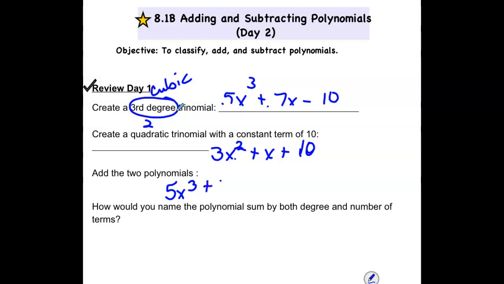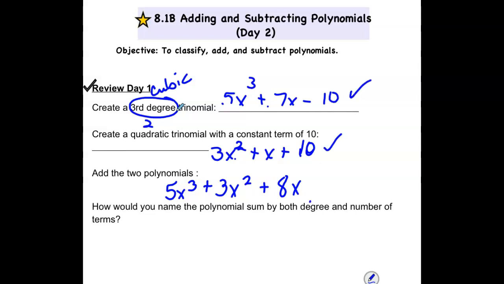So I'm going to have a 3x squared. 7x plus x. I would add those and get 8x. Negative 10 plus 10 is 0. Do I have to write plus 0? No. Okay. So if I were using this one and this one, this is my answer.